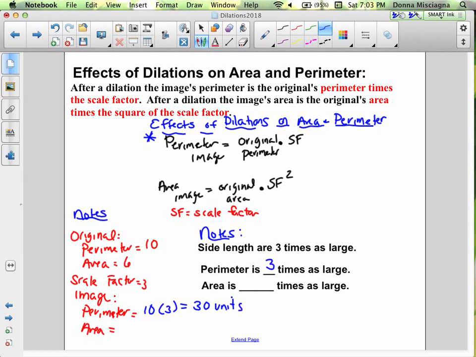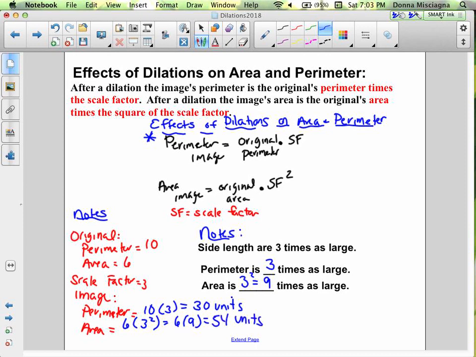But the area is going to be 3 squared, or 9 times as large. So if the original area is 6, the area of the image is going to be 6 times 3 squared, which is 6 times 9, or 54 units.